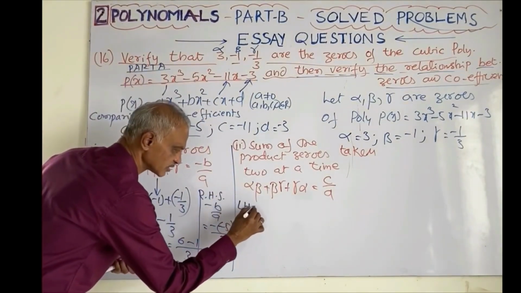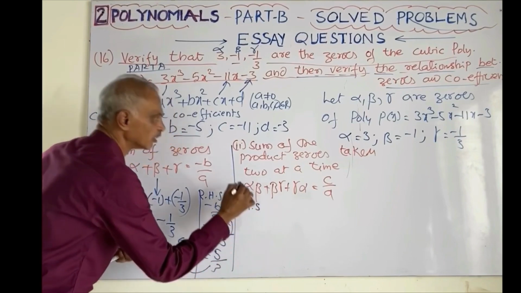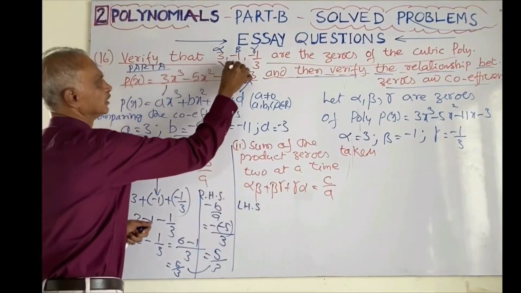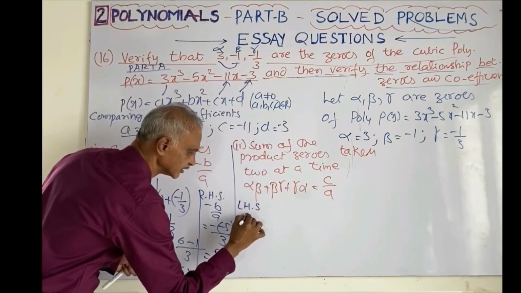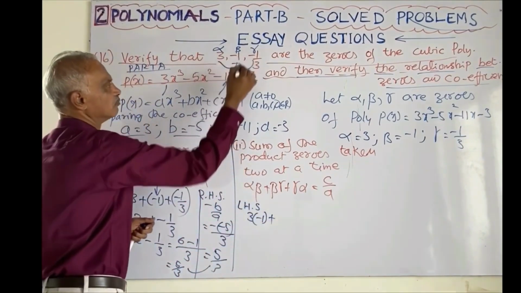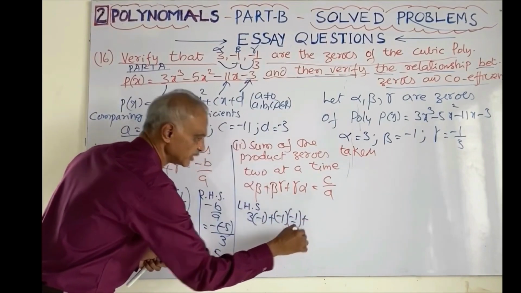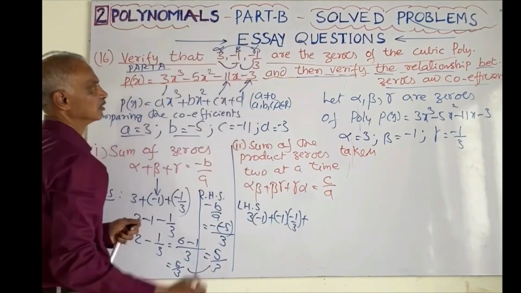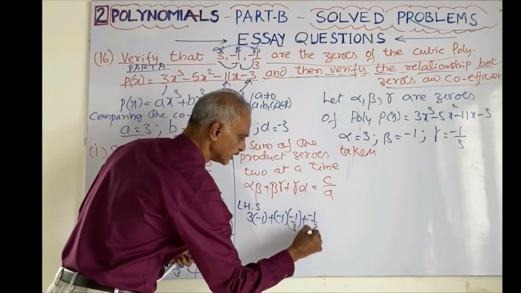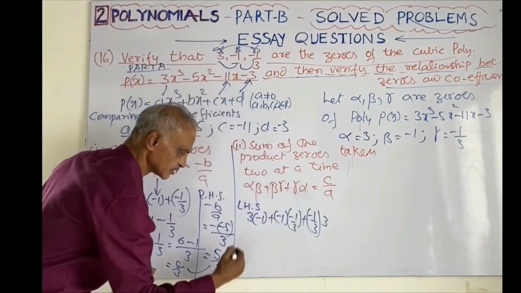What is LHS here? Alpha beta plus beta gamma plus gamma alpha. What is alpha here? 3 into minus 1, that is alpha beta, plus beta gamma, minus 1 into minus 1 by 3, plus gamma alpha, that is minus 1 by 3 into 3. This is LHS.